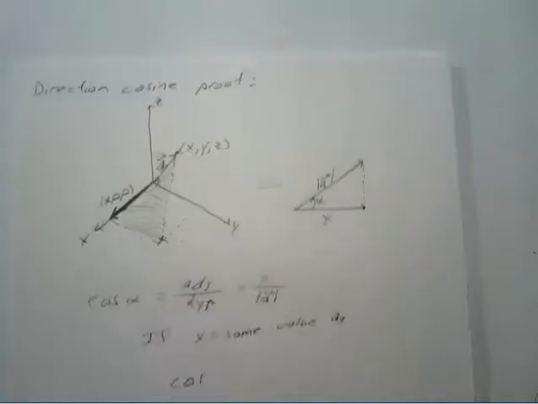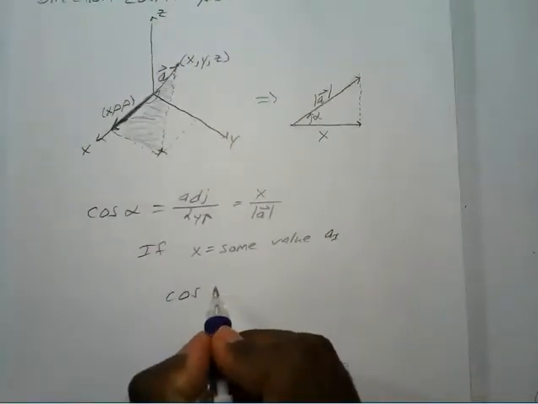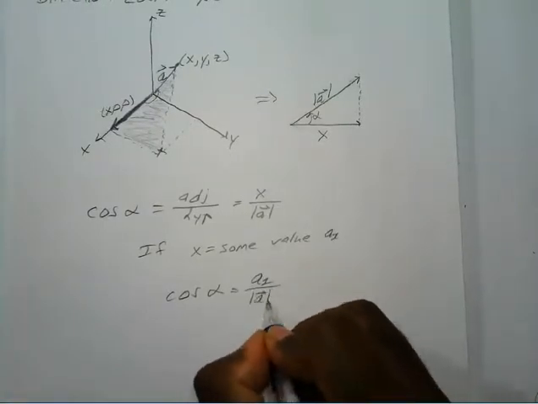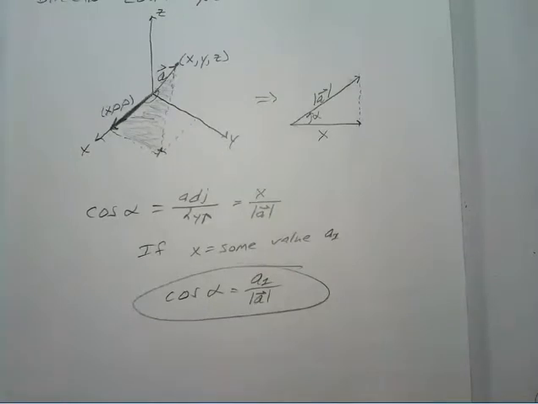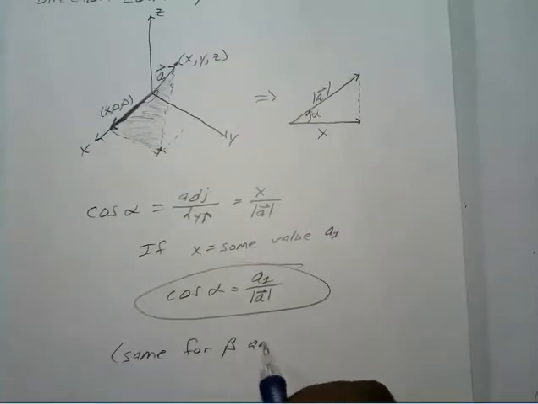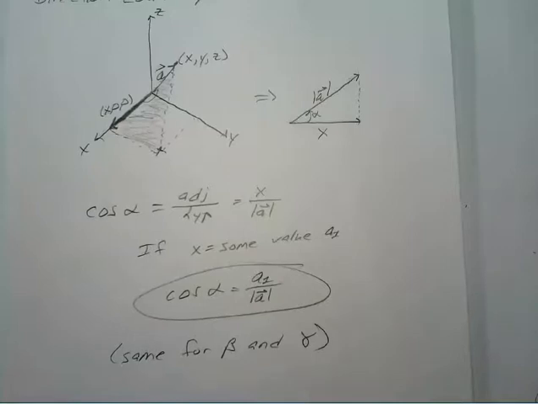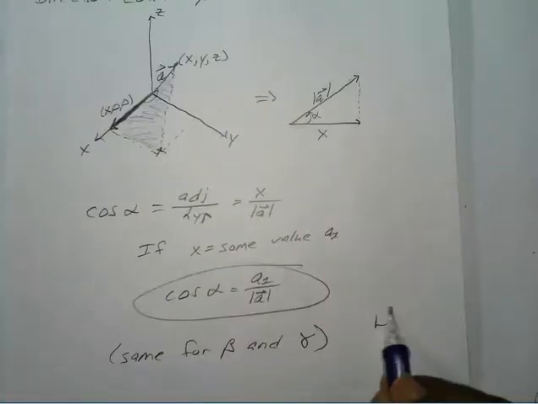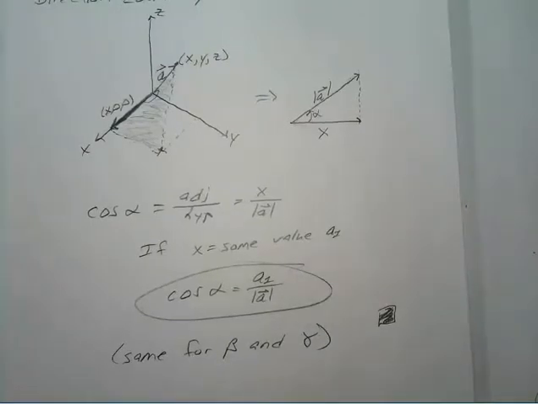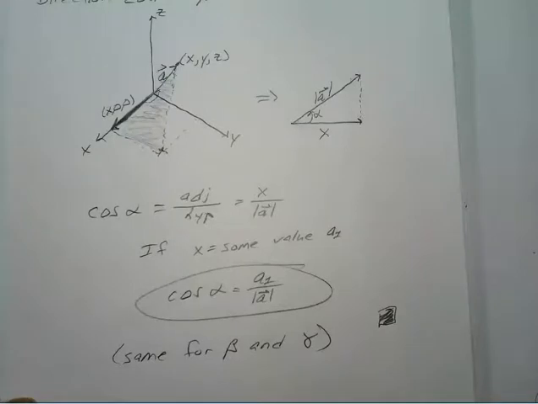So our cosine of alpha equals a1 over the length of vector A. All right, so it'll be the same thing for beta and gamma. So the proof of that one is pretty straightforward. If you are still writing, feel free to press pause, but we're going to jump into our first example.